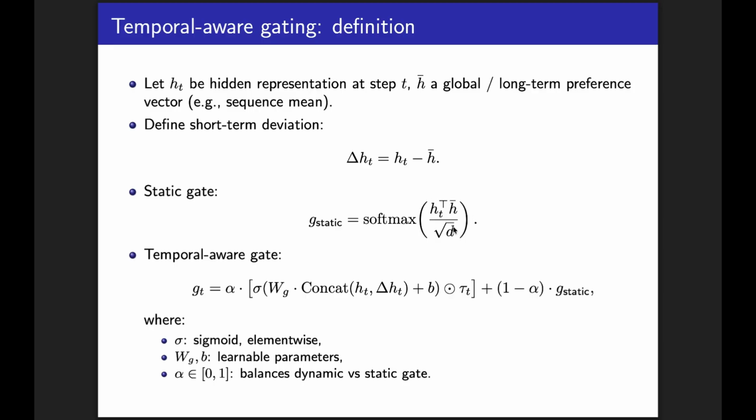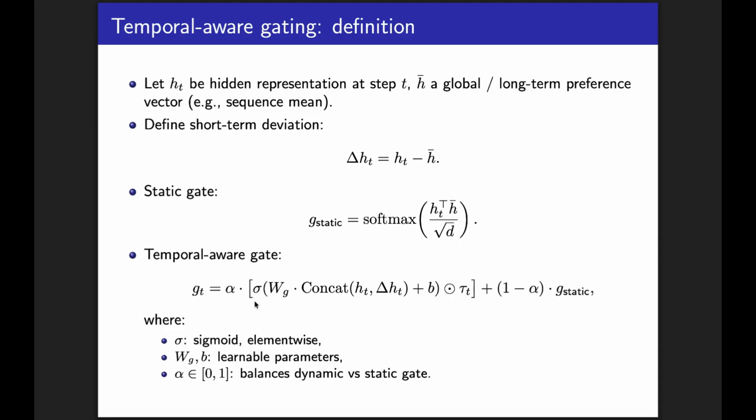In a way, we can think of this as the correlation, even though it's not mathematically correct, but how they relate to each other: H of T transposed, the hidden representation at time step T, and the long-term preference vector H hat here. And then it's simply a softmax of this result, normalized.